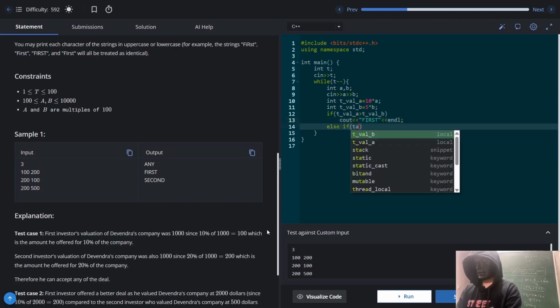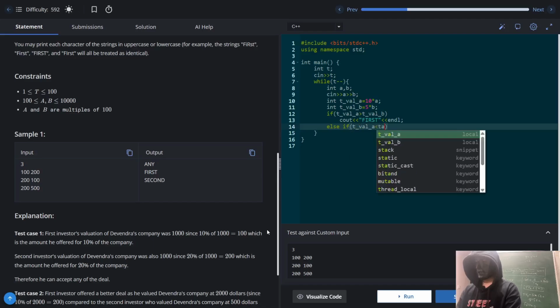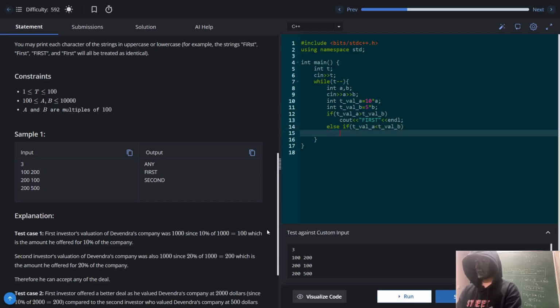Else, if total valuation of company A is less than total valuation of company B, in that case you will have to print second, because second investor is giving a good value. Else, which means it is not greater than, it is not smaller than, which means both are equal. So in that case we'll have to print any.